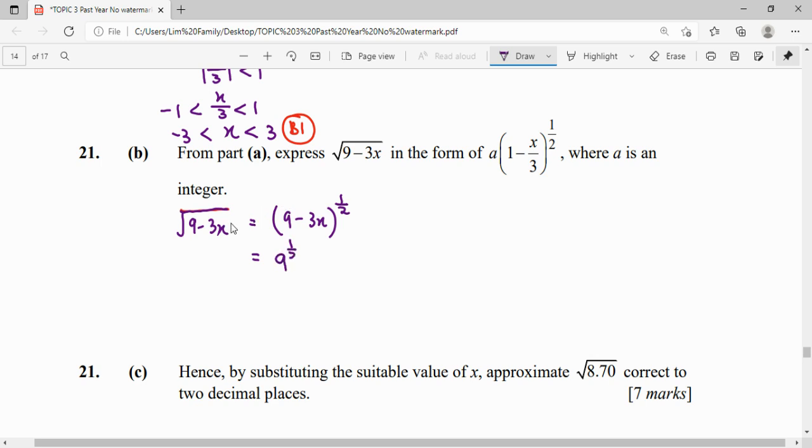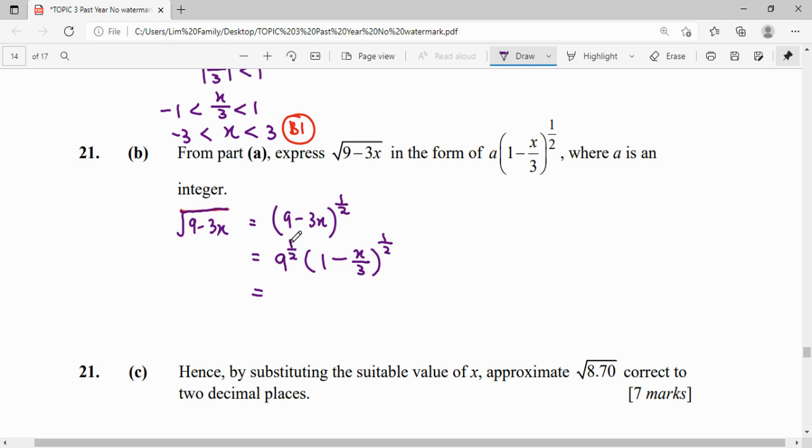So this 9 is to the power 1 over 2 because it comes from the bracket that has power 1 over 2. When this 9 is factorized out, it will become 1. And this 3, when you factorize out 9, means 3 divided by 9 will become x over 3.